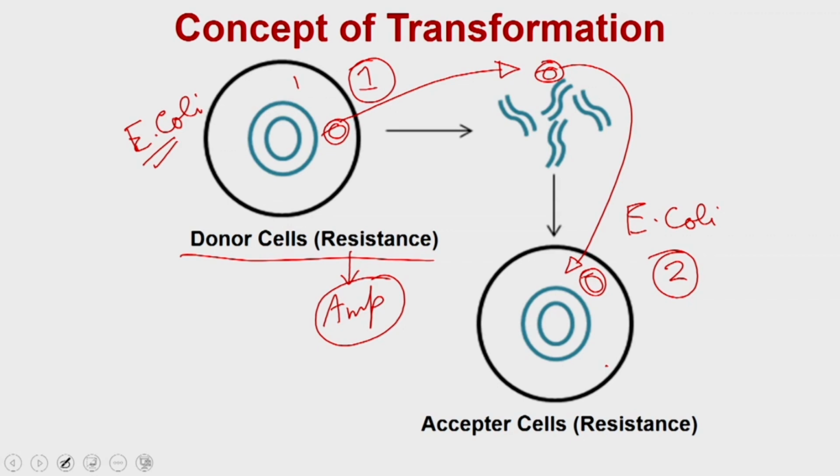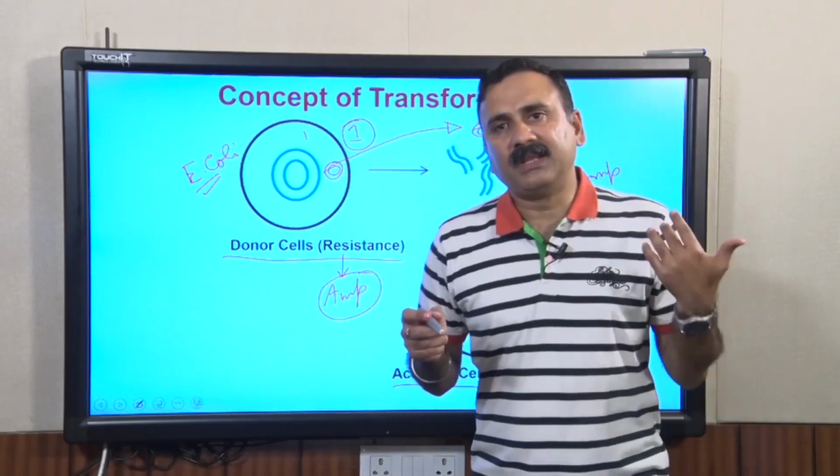Now, this bacteria which was sensitive in the beginning has accepted an ampicillin resistance plasmid, and now it has also acquired resistance to ampicillin. This is just an example of resistance against antibiotics. It could be something else also.